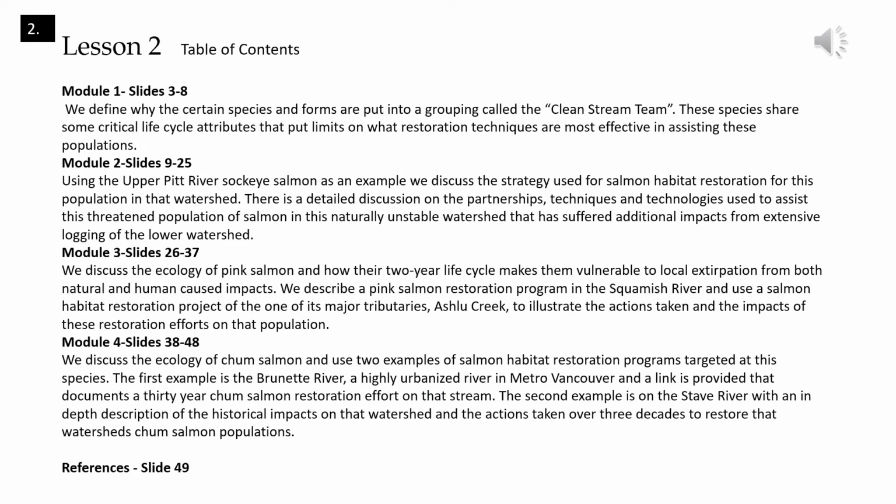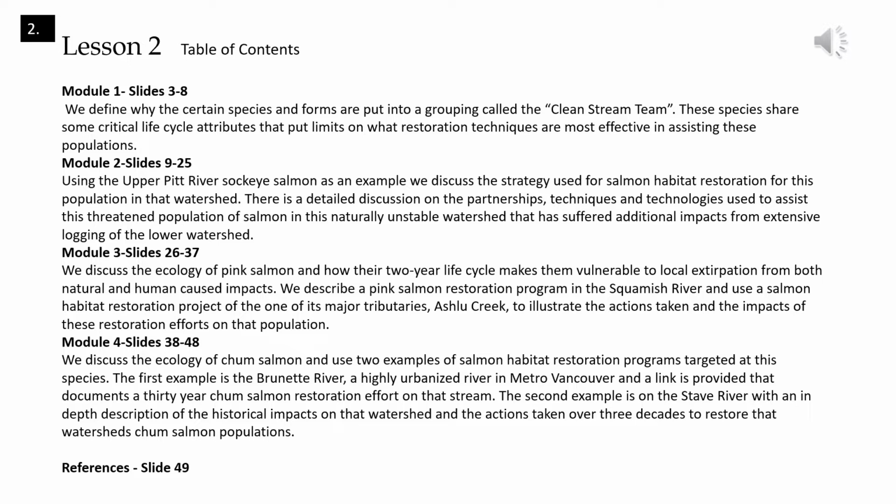So lesson 2 has been broken up into 4 modules. In module 1, we define why the certain species and forms are put into a grouping called the clean stream team. In module 2, using the upper pit sockeye salmon as an example, we discussed the strategy used for salmon habitat restoration for this population in that watershed.